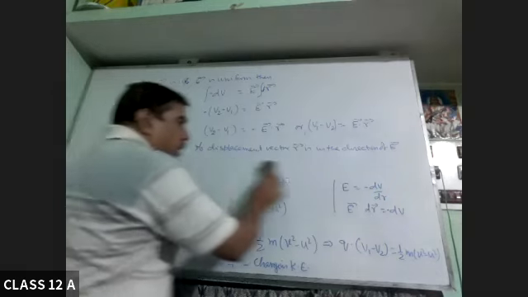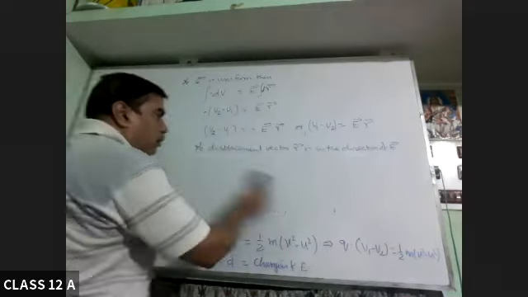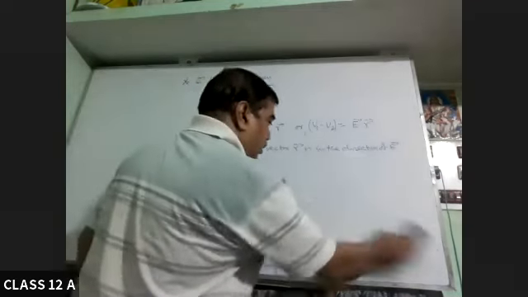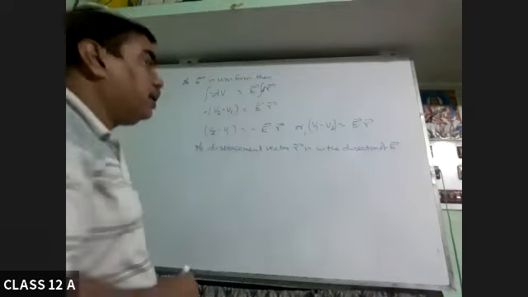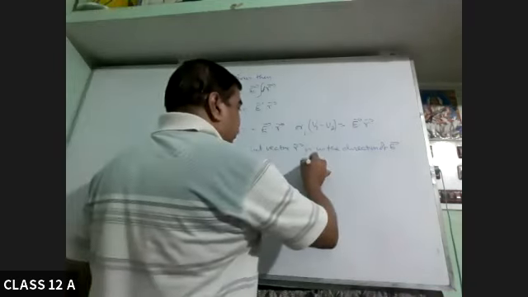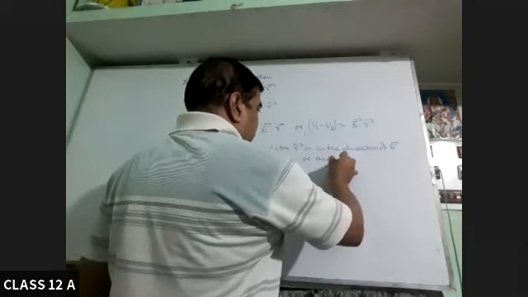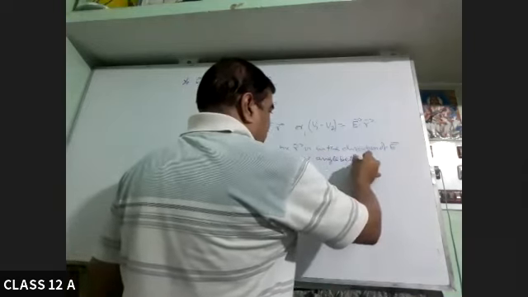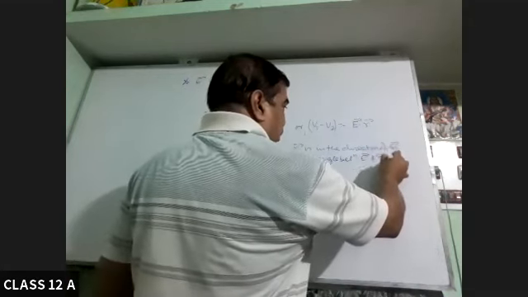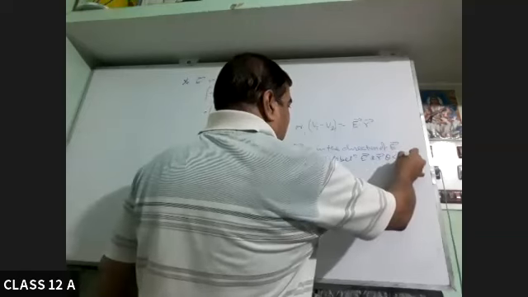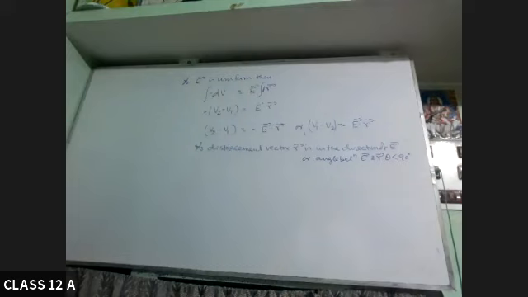So if E and R are in the same direction, or the angle between E and R is less than 90 degrees, theta is less than 90 degrees, what will happen?